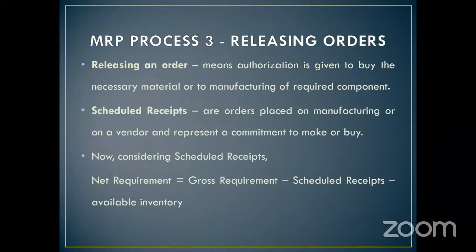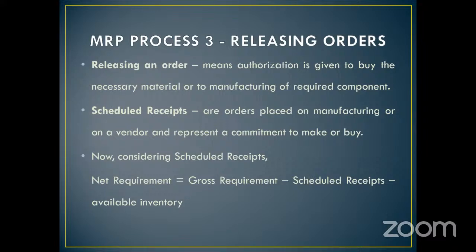Then the MRP process third step is releasing the order and scheduled receipts. Releasing the order means authorization is given for the necessary materials or for manufacturing of the required component.